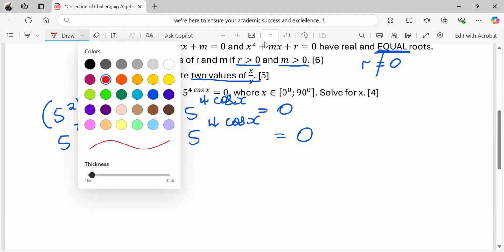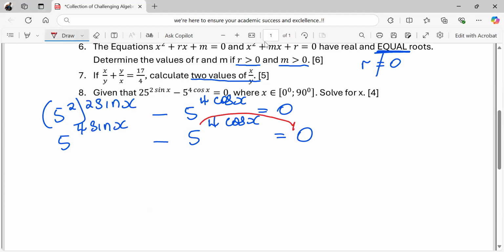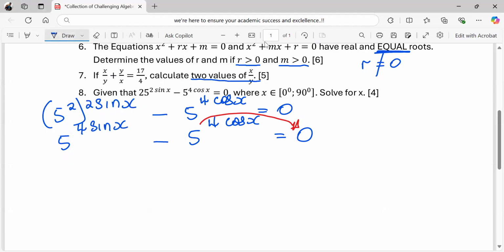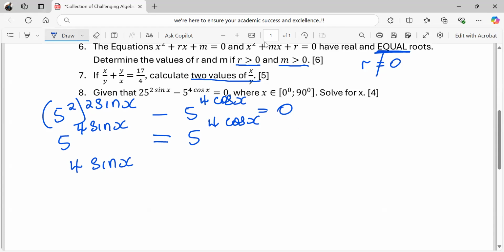So the best we can do is to take this one to the right-hand side and solve the exponential equation. So when it gets to the right-hand side, well, this is what we are now going to have. Now the bases are the same, so we simply equate the exponents. And we divide both sides by 4.